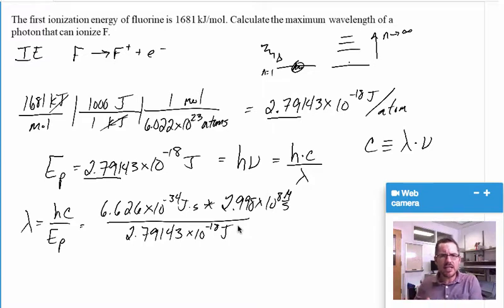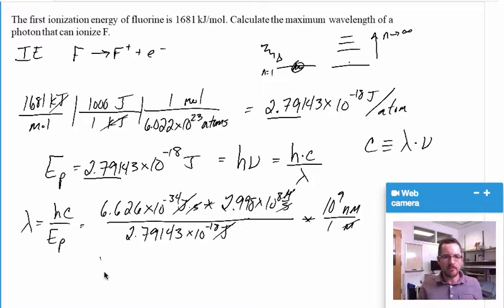We always like to try to keep our light units in nanometers. So I'm going to go ahead and do one last conversion. If you notice, your joules are going to cancel, and then the seconds in the numerator cancel, leaving you with just meters. So let's convert from meters to nanometers, which is going to be multiplying everything by 1 billion to get to my nanometers unit.